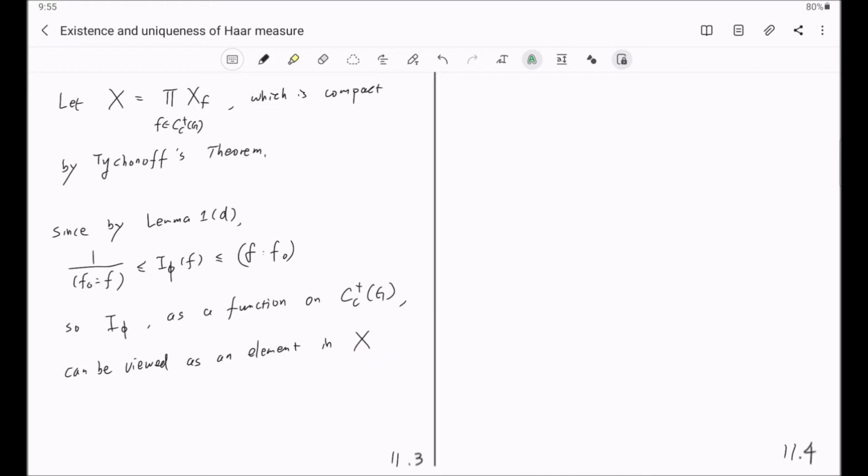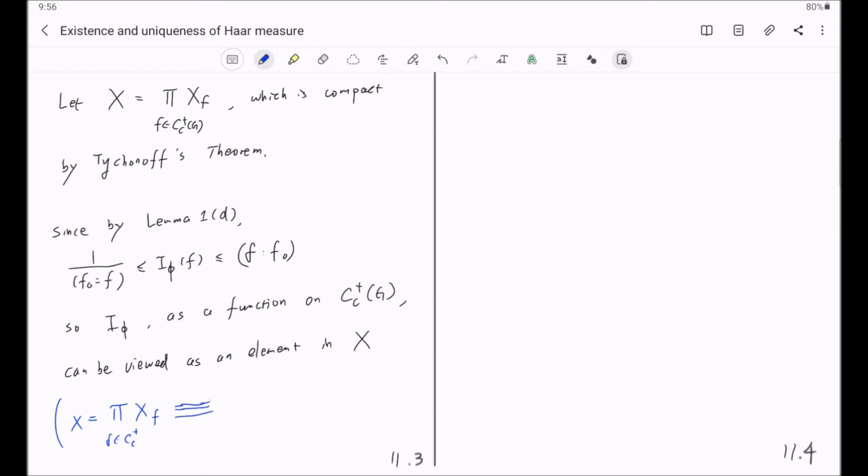If you remember how we defined the infinite product in general topology, this infinite product space is really the functions from this index set to those X of f's, respectively. Namely, each element in X will associate each element in the index set with some element in the factors in this infinite product. But let me write this down so that you can see it more clearly.